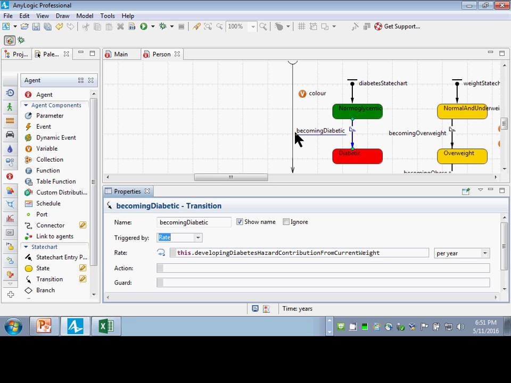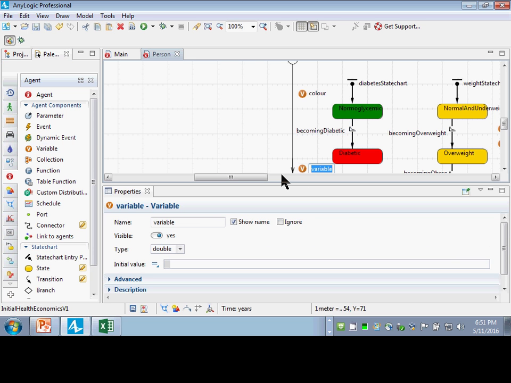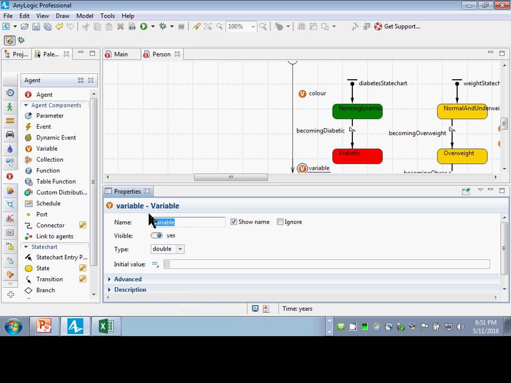Okay, so what we're going to do is put in place, ladies and gentlemen, a variable that's going to be called quality of life for diabetic by weight. And this is going to specify for each weight category, someone who's diabetic, what their quality of life will be.